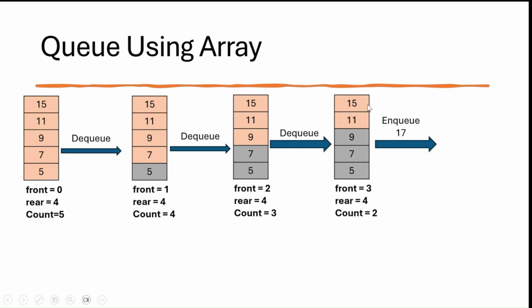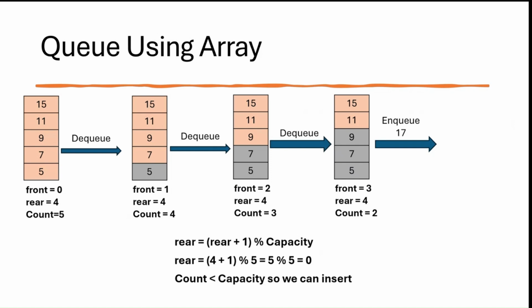Now if we enqueue 17, as we saw in previous slides, the rear comes from the end to the beginning to utilize this free memory. So rear is equal to (rear + 1) modulo capacity, so modular arithmetic is used. 4 plus 1 modulo 5 gives rear 0. Rear will come to 0 from the end, to the beginning.